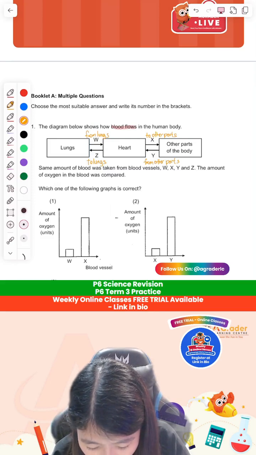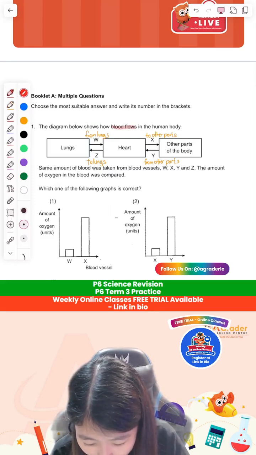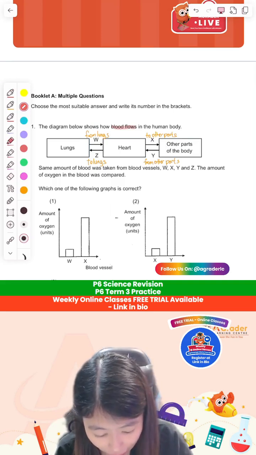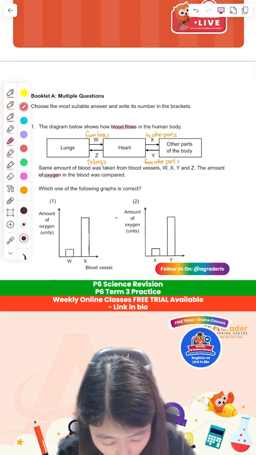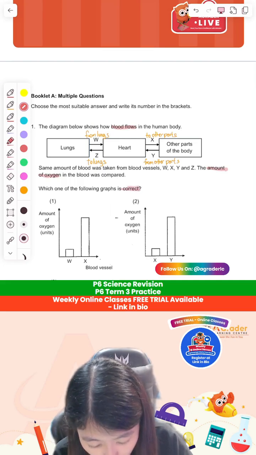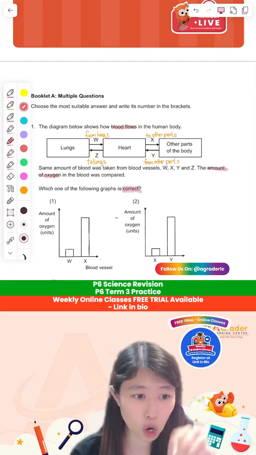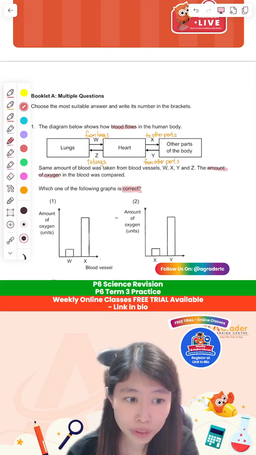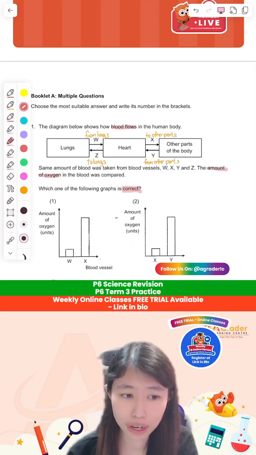So let's look at this one over here. They are asking, the same amount of blood was taken and the amount of oxygen was compared. Which one of the following graphs is correct? Since the question is focusing on the amount of oxygen, the oxygen level, what am I trying to find out?